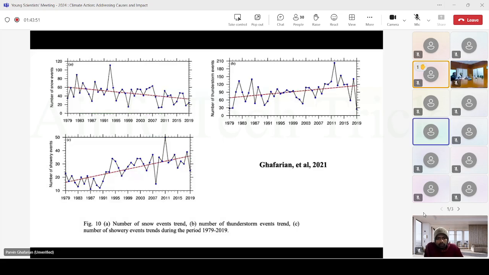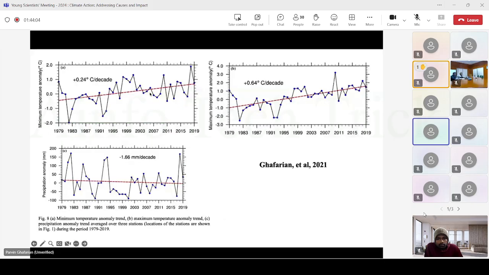And in this slide, you can see the trend of minimum temperature anomaly, an increase of 0.24 degrees Celsius per decade, while the maximum air temperature has increased by a much larger 0.64 degrees Celsius.